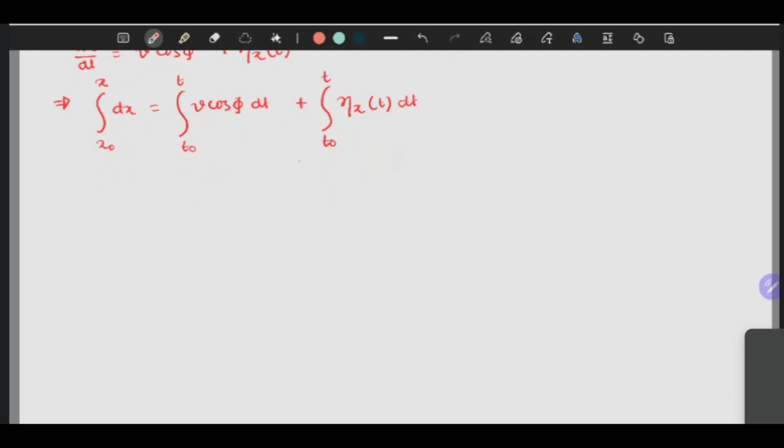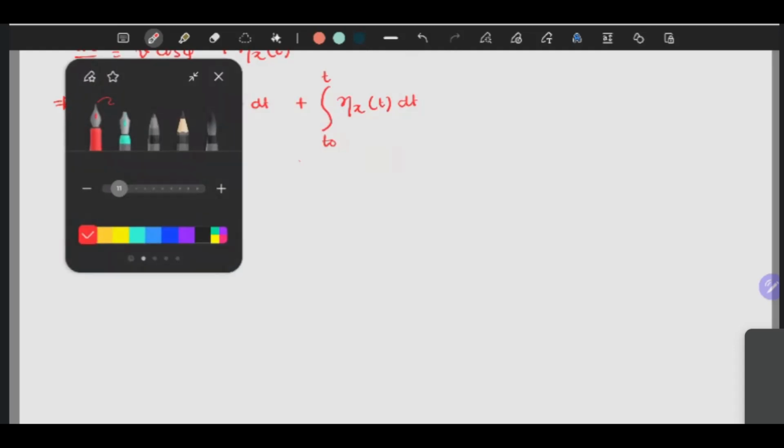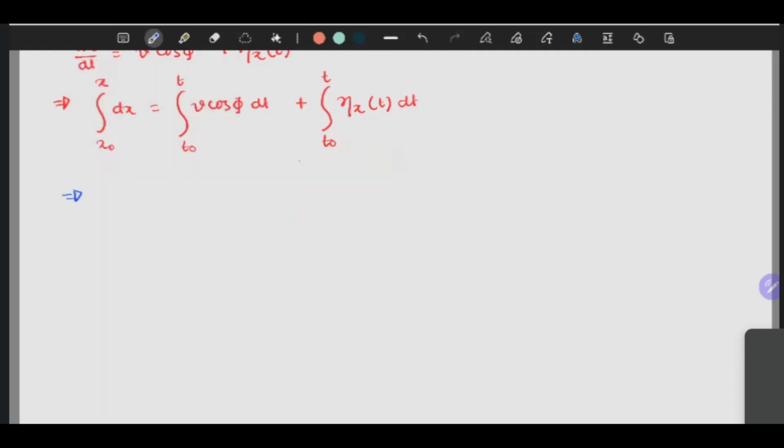Now if you integrate this, then it becomes x of t minus x of 0 is equal to 0 to t v cos phi 1, where phi of t1 is phi 1, dt1, plus 0 to t eta x of t1 dt1.